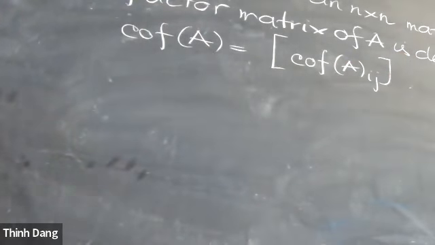You calculate all the cofactors and put them in the corresponding positions of the original matrix, and you have the cofactor matrix.